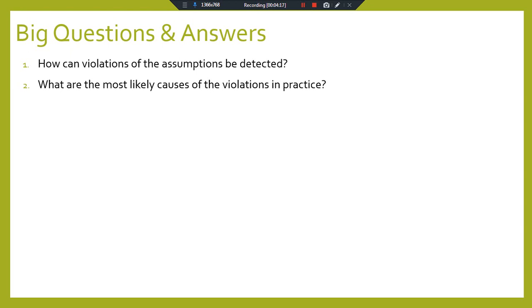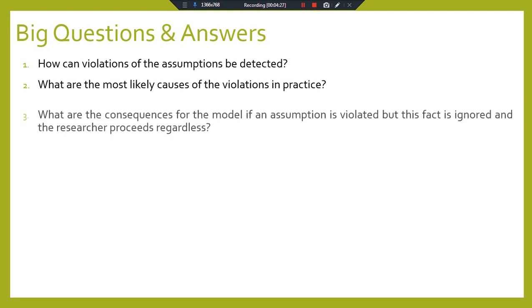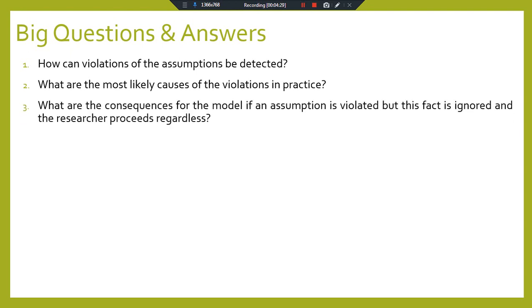The third one: what are the consequences for the model if an assumption is violated but is in fact ignored and the researcher proceeds regardless? What is the outcome from the estimated result?